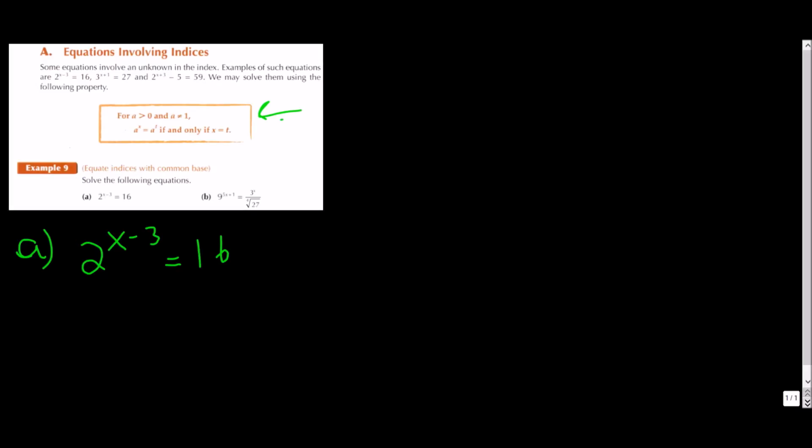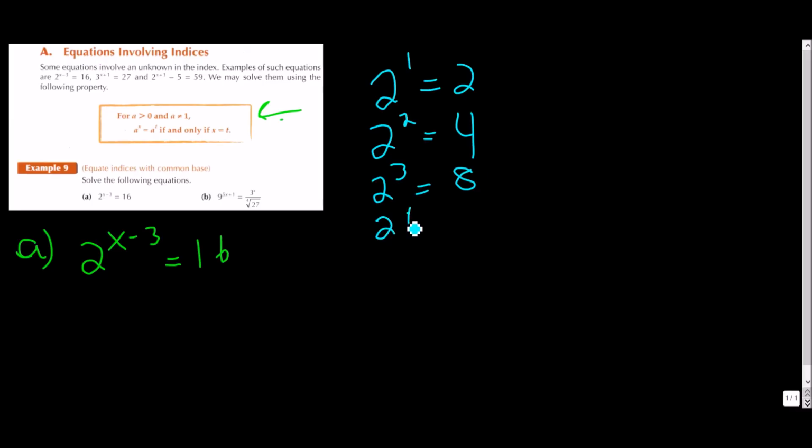So 2 to the first power equals 2. 2 squared equals 4. 2 cubed equals 8. And 2 to the fourth equals 16. So what we can do here is say, well, 2 to the x minus 3 equals 2 to the fourth.